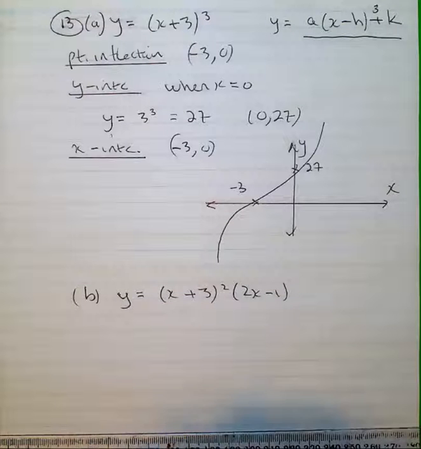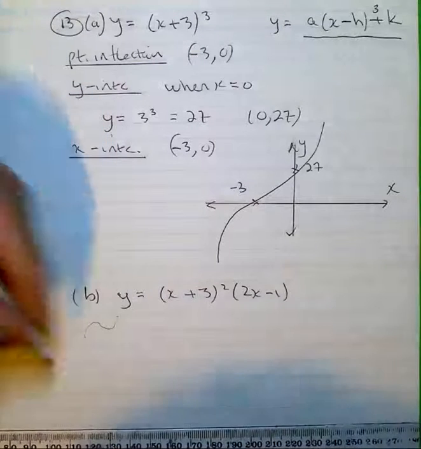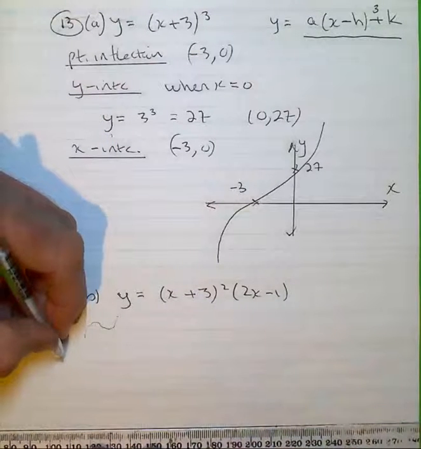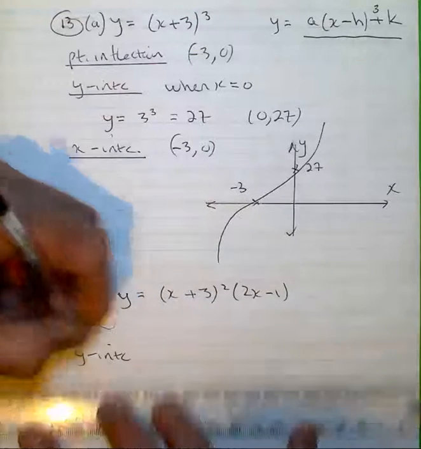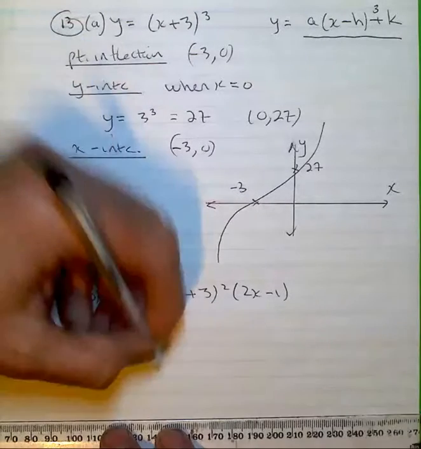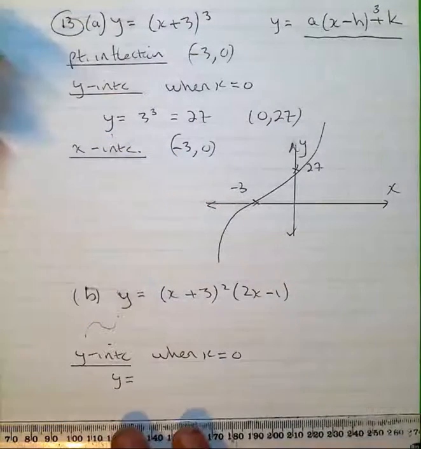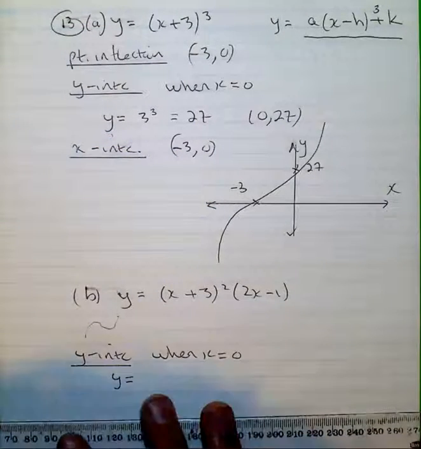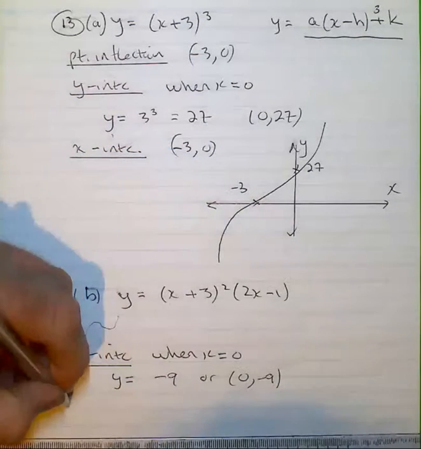In B, we're looking at a case of having a double zero and then a single zero. Now, these can sometimes take a bit more observation, so we won't have a point of inflection. So my y-intercept in this case, when x is equal to 0, so that's going to be -9 or 0, -9.